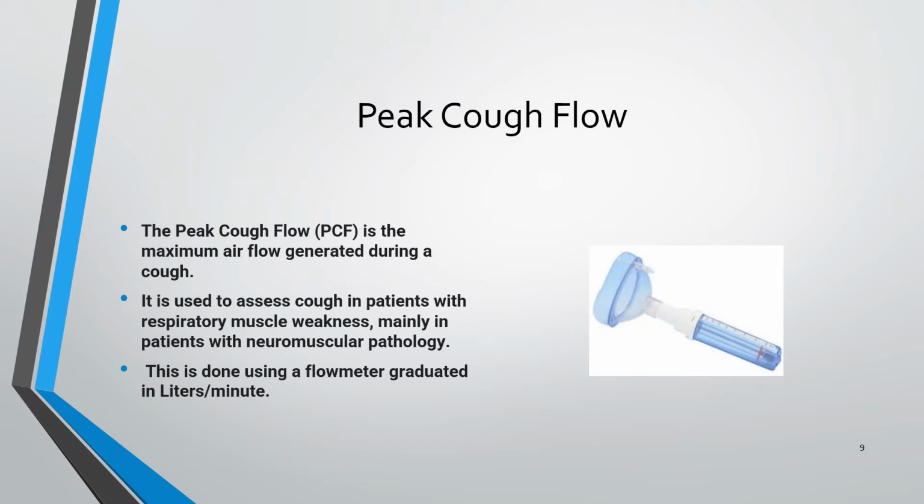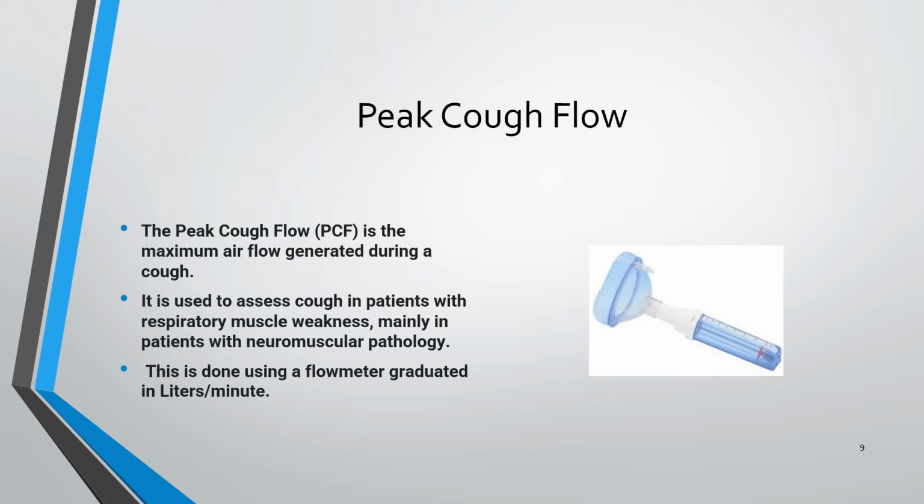Number two, you have to have closure of the glottis. Number three, you need contraction of the abdominal and expiratory respiratory muscles to generate a positive intrathoracic pressure. And number four, you open the glottis to allow a forceful expulsion of air outward. That is your typical peak cough flow mechanism.